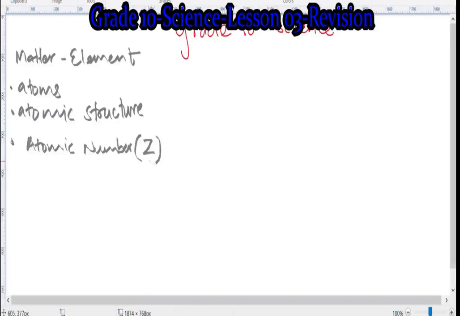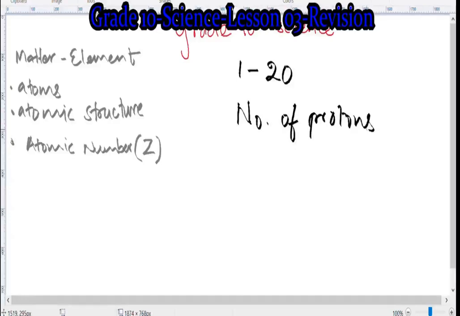Okay, so what atomic number is, you know, we learned elements from 1 to 20 in the order hydrogen, helium. Yeah, we know that. So it is known as the number of protons which is equal to the number of electrons.